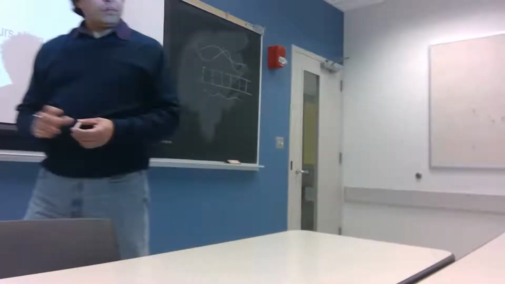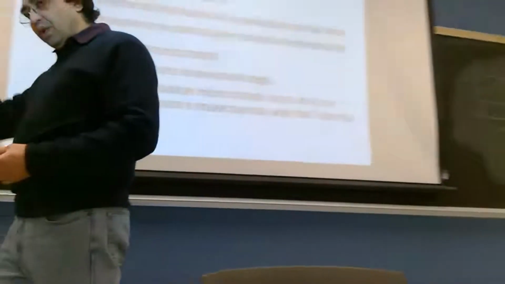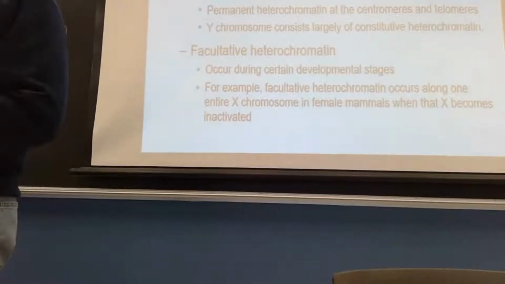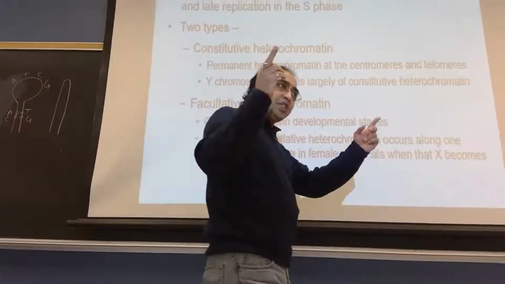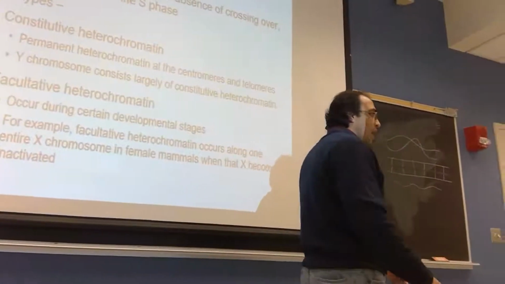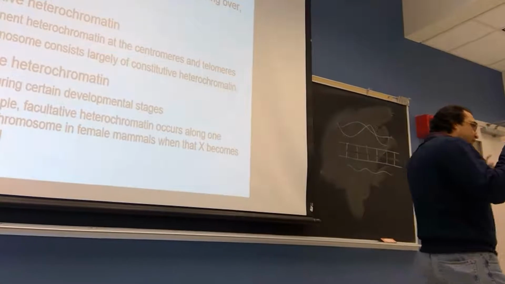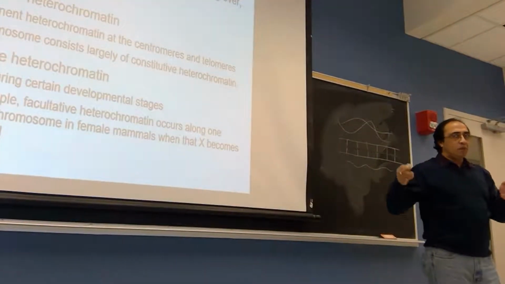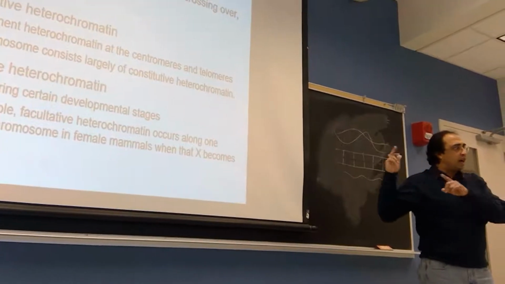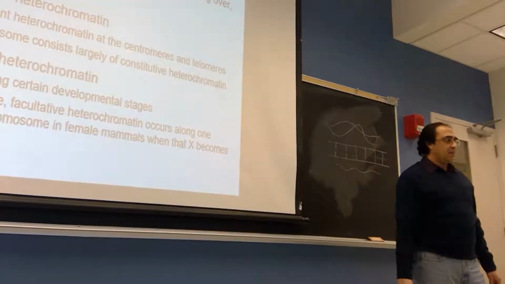When we go to evolutionary genetics, we'll find that these heterochromatinized parts contain the genes from apes. We have some kind of sequence similarities with the chimpanzee genome or gorilla genome, and those genes are in this heterochromatinized part.